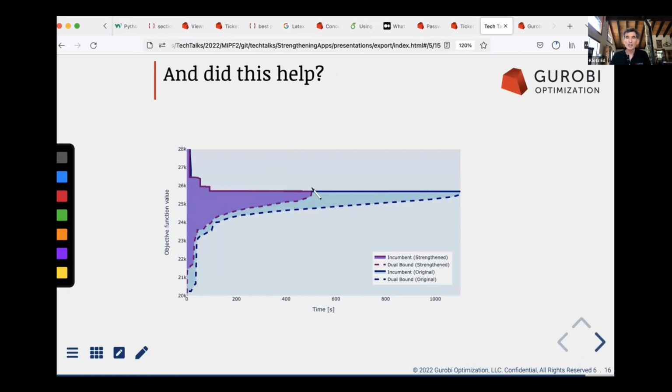We cut the time a little bit more than in half, but there's still this tail after the optimal solution is found. So perhaps there is more to be done here, and we can do even better than we did in this example so far. And with that, I'm going to stop sharing and pass it back to Richard for our conclusions.